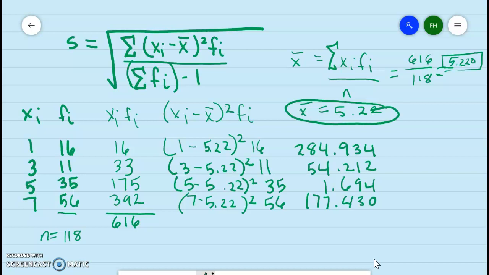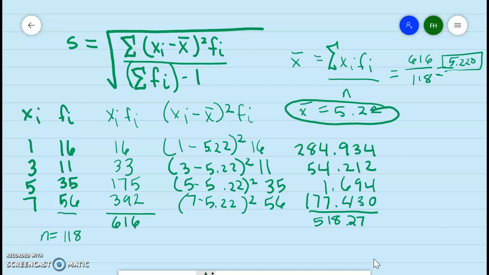So now we have done xi minus x bar, which is the mean. I've squared it and I've times it by the frequency. Now it says I have to sum each one of these up, and when I do that, I believe I got 518.27.